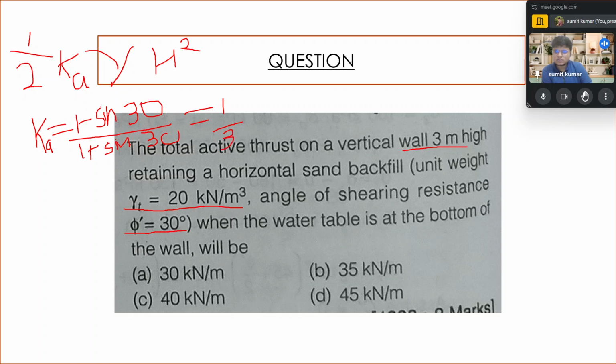So from here it's going to be 1 by 2 into 1 by 3 into gamma, that is 20, into height 3, that is square is 9. When we calculate, 3 threes are 9, 20, 10, so 30 kilonewton per meter.